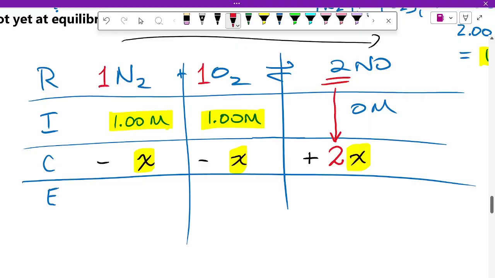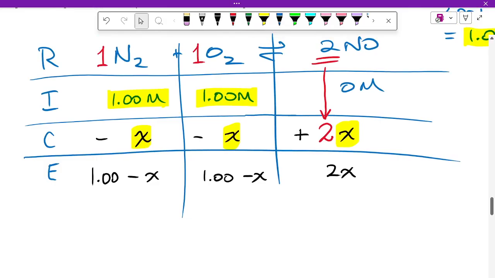Every 1 O2 will give you 2 NOs. All right, and now what we get is 1.00. It's really tempting to just write 1 minus X. Don't do that. Keep your sig figs there so you don't get messed up later. 1.00 minus X, 1.00 minus X, 2X.